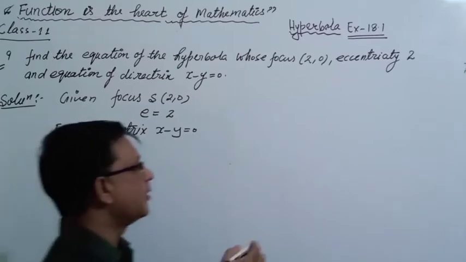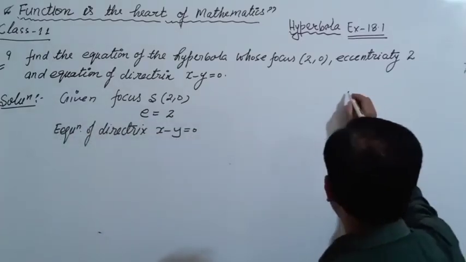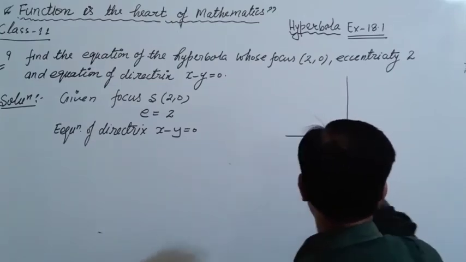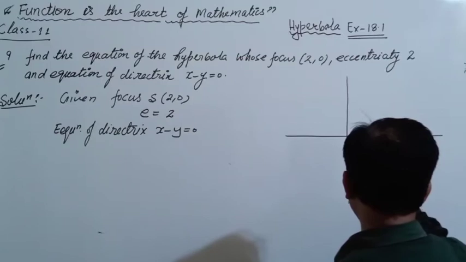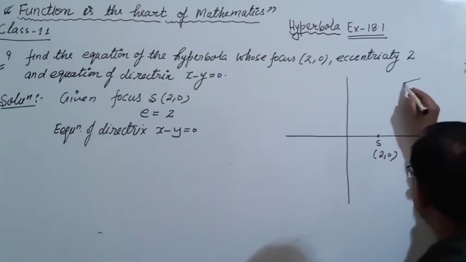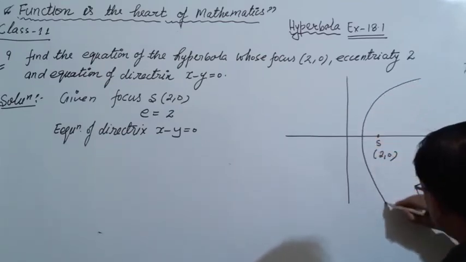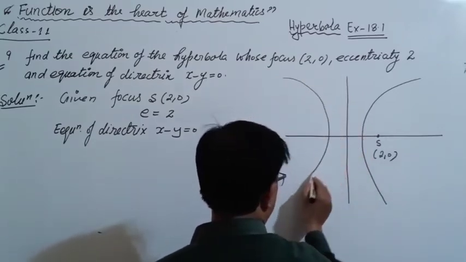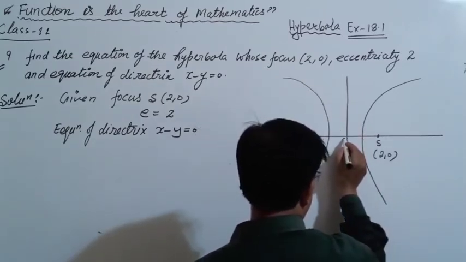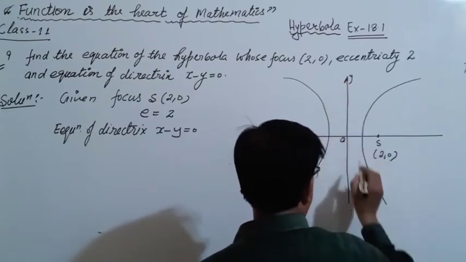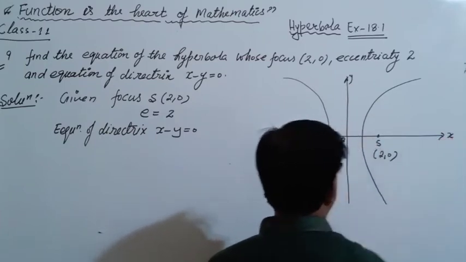If we see in the diagram, our focus is here (2, 0). So this portion of the hyperbola is rotated in this direction and the other portion of the hyperbola is here. This is the center or origin, and this is x.